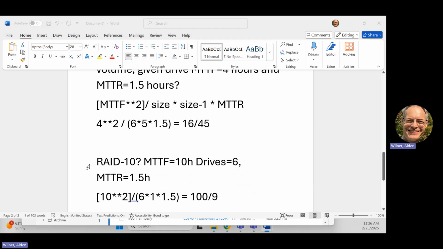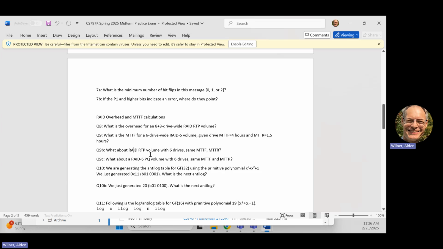Back to the midterm, we said, what about a RAID RTP with 6 drives, same MTTF, same MTTR? What's the numerator? Well, RAID RTP can handle 3 drive failures. So that 4th drive has to fail. So we're going to have 4 raised to the power 4. That's going to be 4 times 4 is 16, times 4 is 64, times 4 is 256, right?